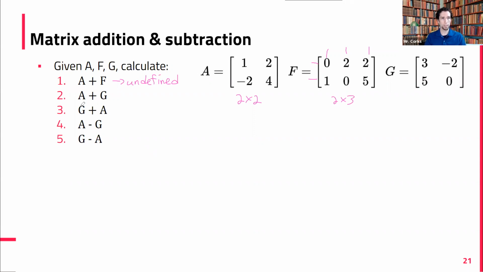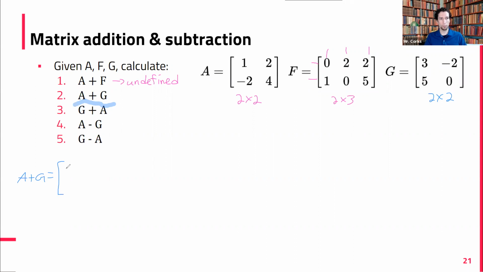All right, let's try the next one. So A plus G, is that operation possible? Yes, it is. Okay, so G is a 2 by 2 matrix also. So let's actually do that. A plus G. The numbers are not especially hard here, so I'm not going to write out A and G separately down here.